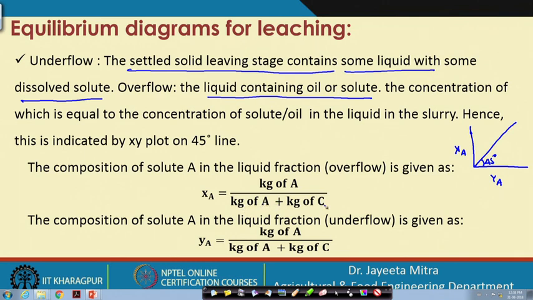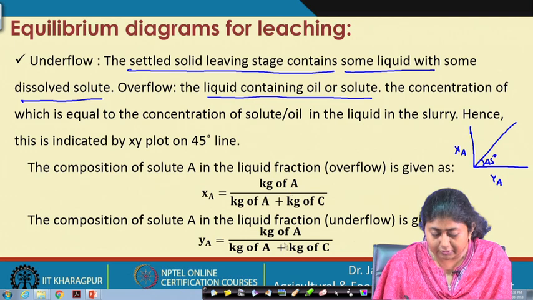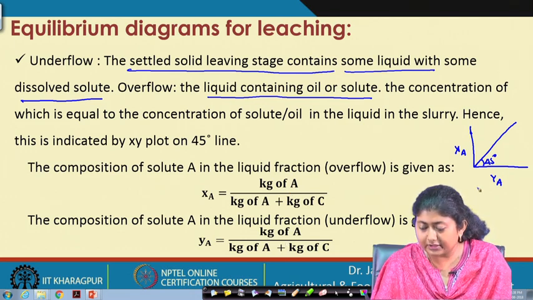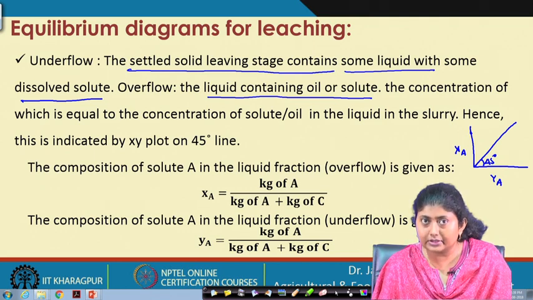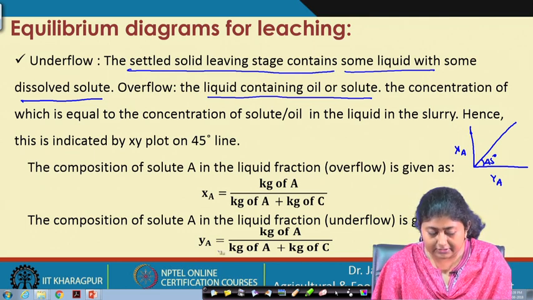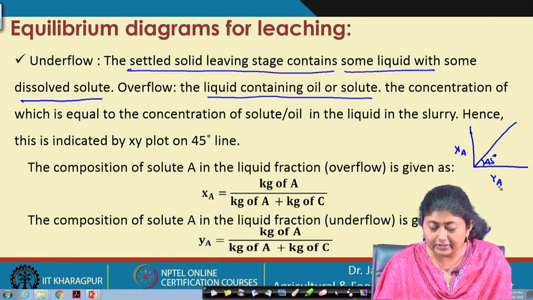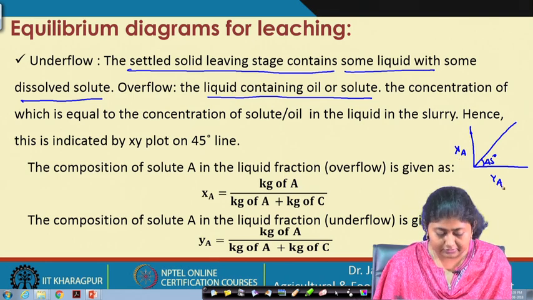So in that, what is the fraction of kg of A, that is the solute, that is x A. Similarly, the composition of solute A in the liquid fraction in the underflow is given by y A equal to kg of A divided by kg of A plus kg of C. We can observe that these two are the same: one stream goes out, and some part of that same stream goes in the underflow with the solid. So that has this concentration. So x A and y A ideally should be the same.